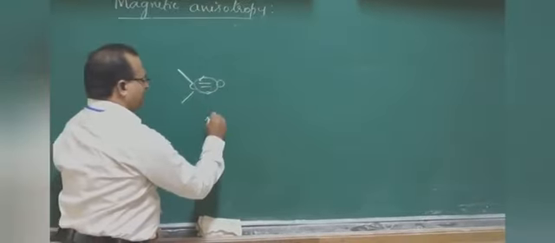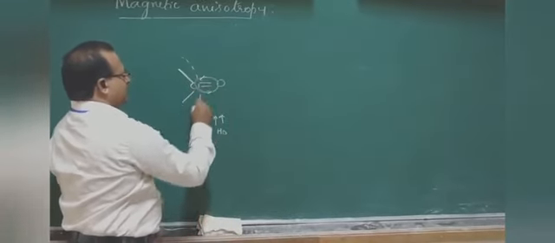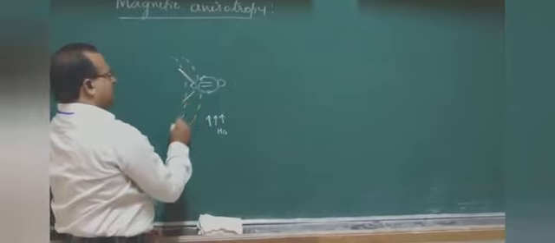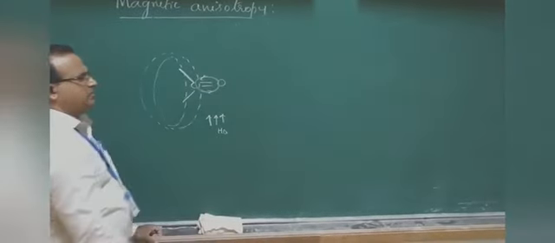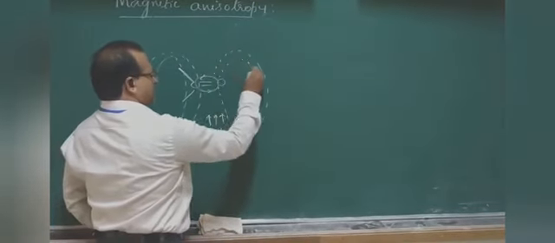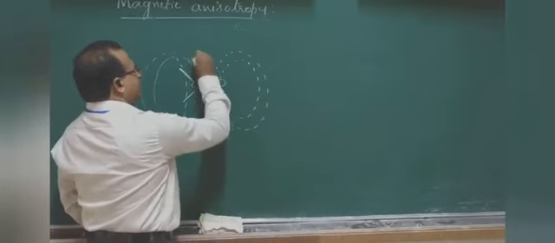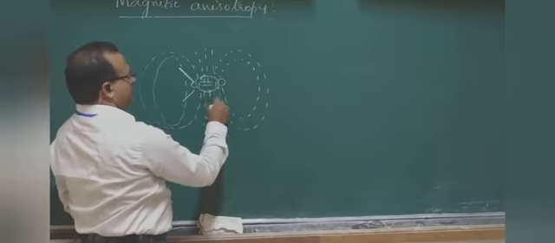This is the direction of the applied magnetic field, and they induce a secondary magnetic field. Here also two types of secondary magnetic field are obtained. One is paramagnetic de-shielding, another one is diamagnetic shielding.